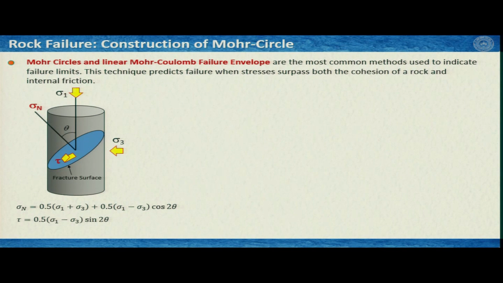We will see this soon. This technique predicts failure when the stresses surpass both the cohesion of a rock and the internal friction. This is essentially an expression of the Mohr-Coulomb failure criterion, which I would like to write again.